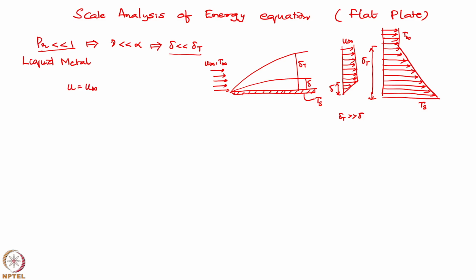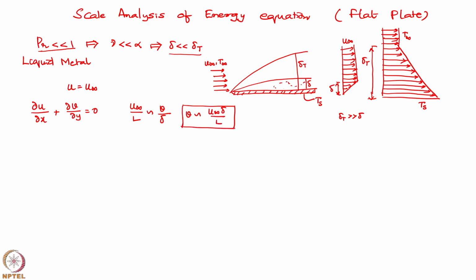So if you take the continuity equation, del u by del x plus del v by del y equal to 0, you have u infinity by L is of the order of v by delta, because delta is very small. To that extent only v will vary, only till here v will vary, beyond that there is no v. So v is u infinity delta by L.